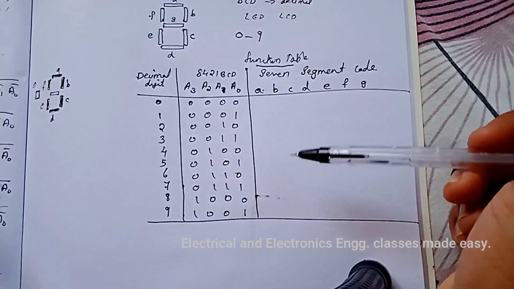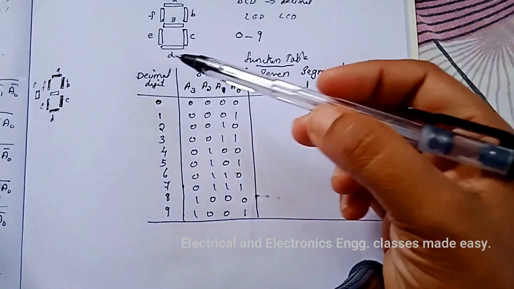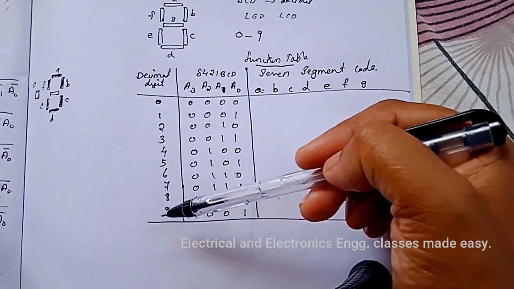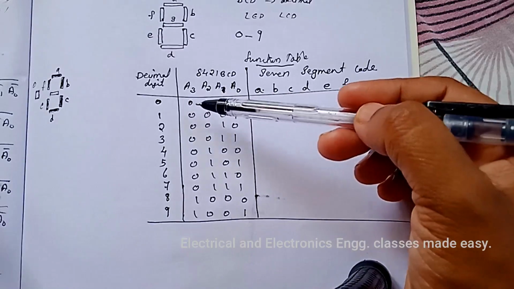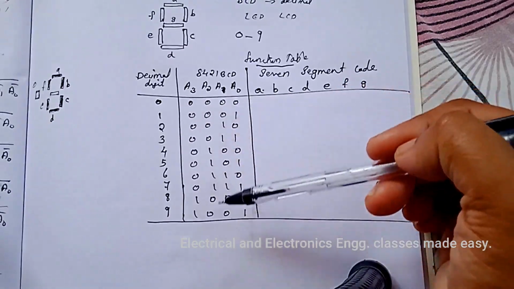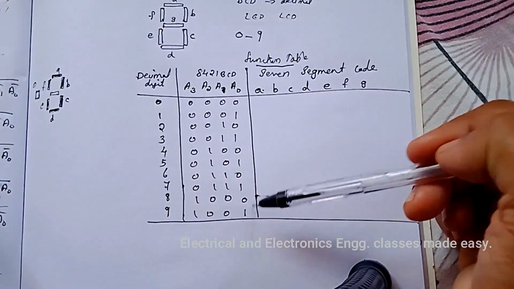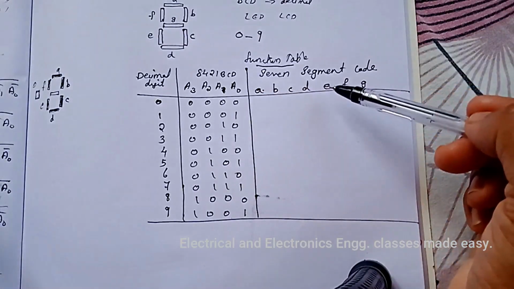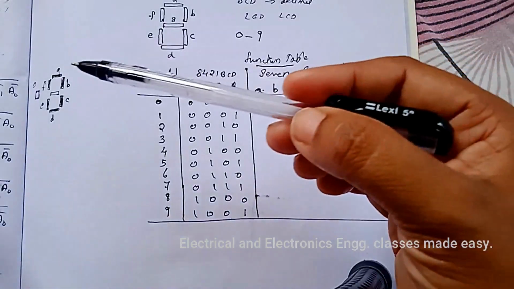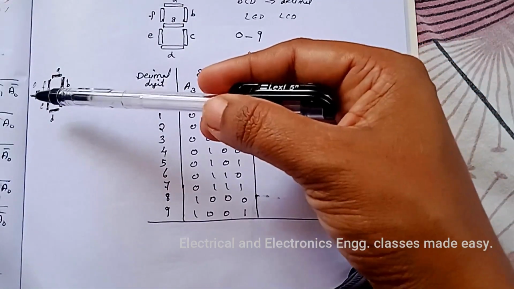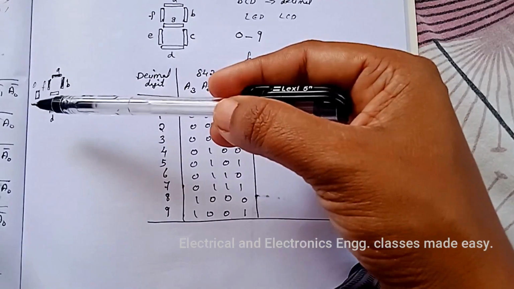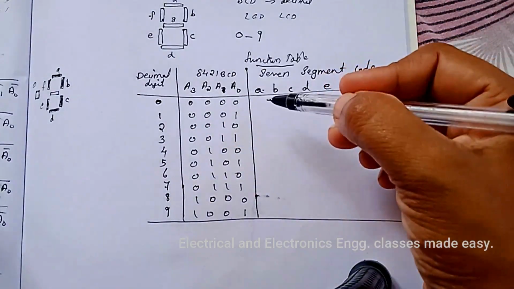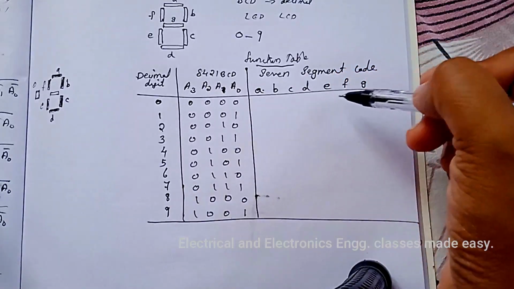This is the function table for the 7 segment decoder. This is the decimal digit 0 to 9 and this is the BCD code 0000 to 1001 and this is the 7 segment code A, B, C, D, E, F and G. According to the segments which are displaying in the 7 segment display, we have to put a logic 1 here.